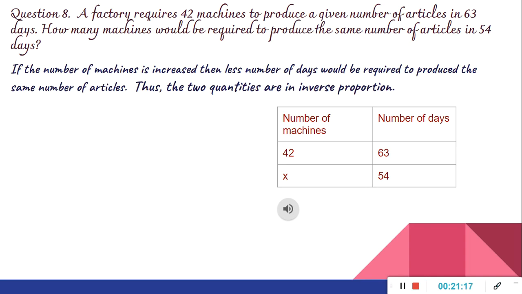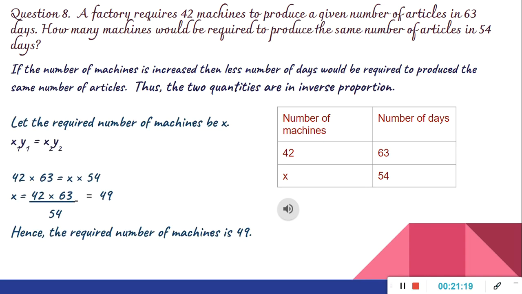So let the required number of machines be x. So what is the formula? The formula will be x1 y1 is equal to x2 y2, right? So 42 into 63 is equal to x into 54. So what should be x? X is equal to 42 into 63 upon 54.